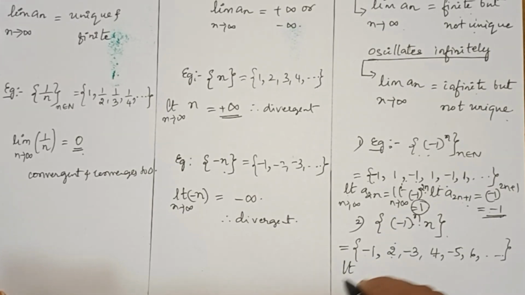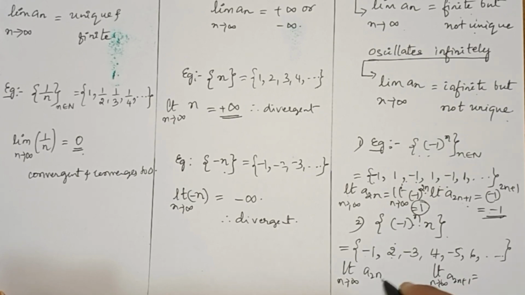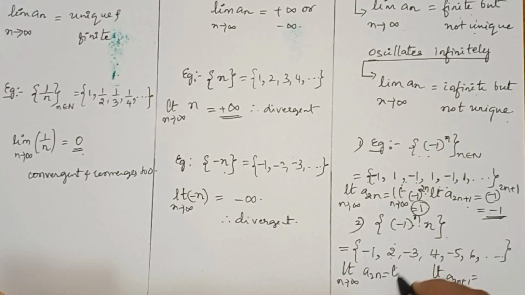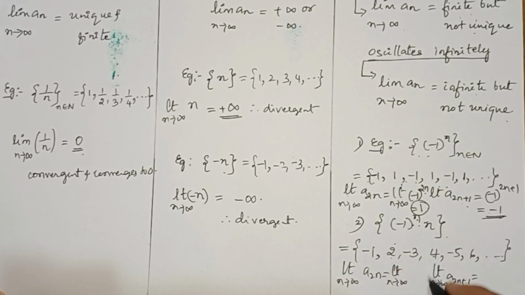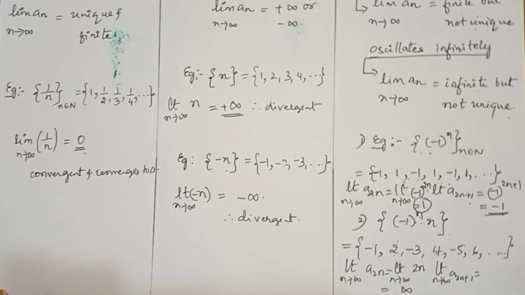So you have to find the limit as n tends to infinity of a_2n, and the limit as n tends to infinity of a_(2n+1). So a_2n means all even, that is (-1)^(2n) times 2n. So this gives you, as n tends to infinity, (-1)^(2n) is positive, then it is 2n. So apply the limit, it goes to plus infinity.